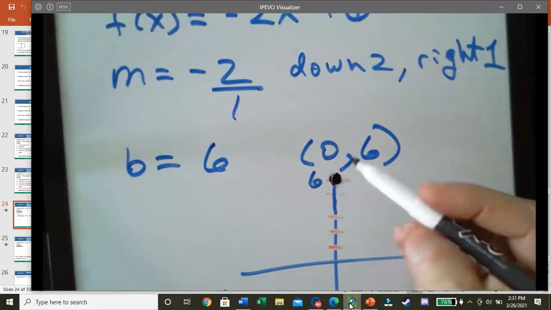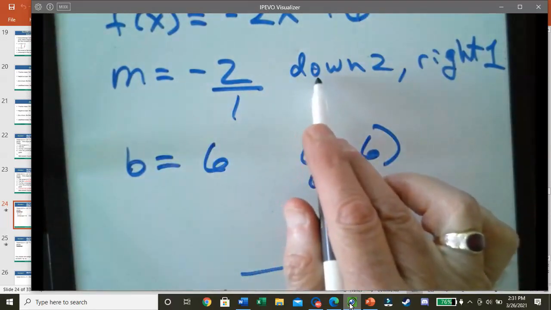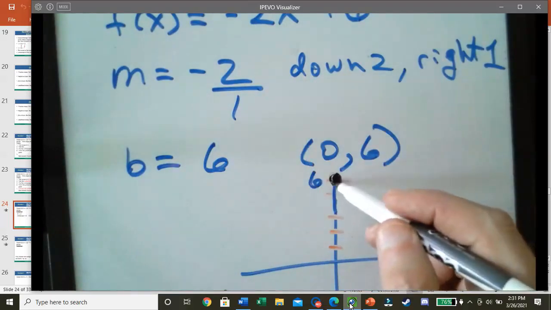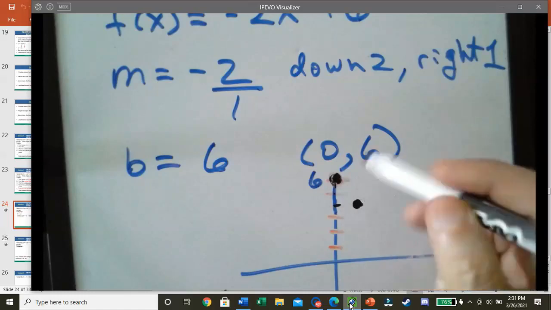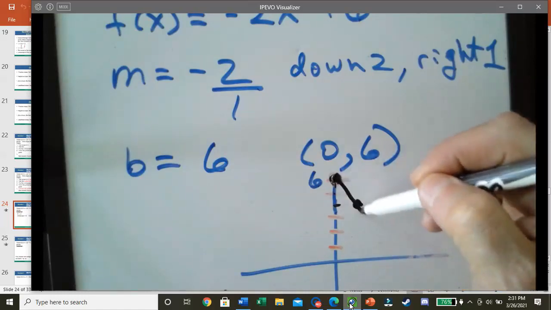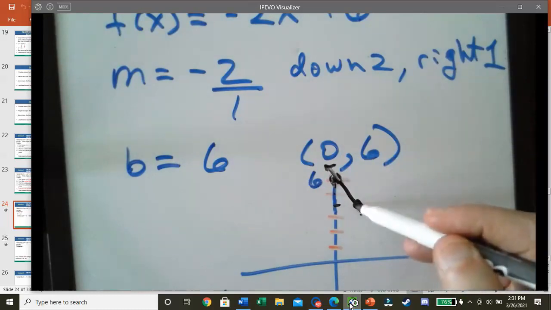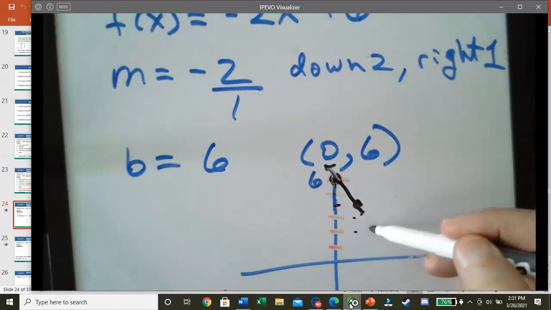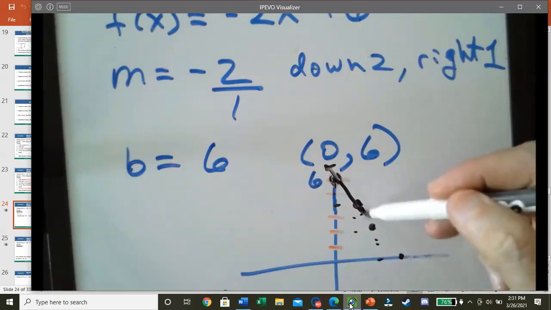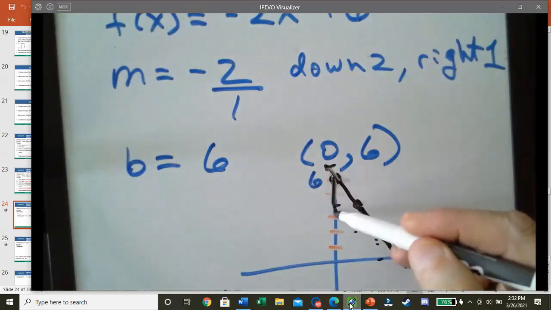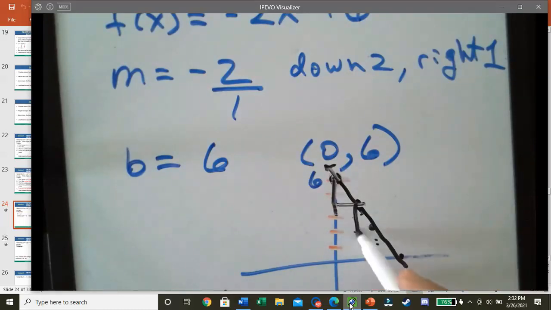To get the second point, you use the motion of your slope: down 1, 2, and right 1. So forever, your slope is always going to be down 2, right 1, down 2, right 1.